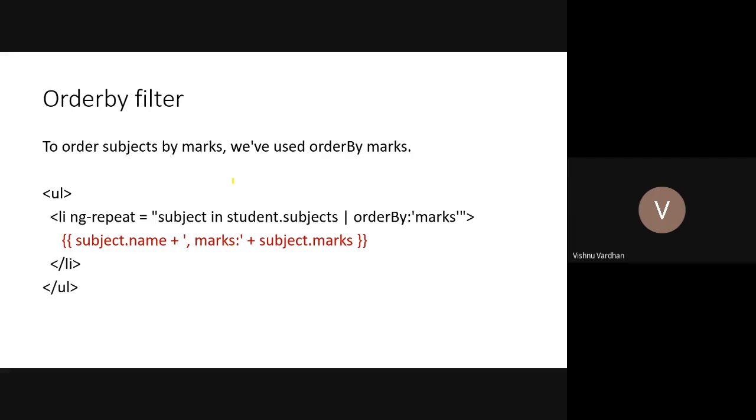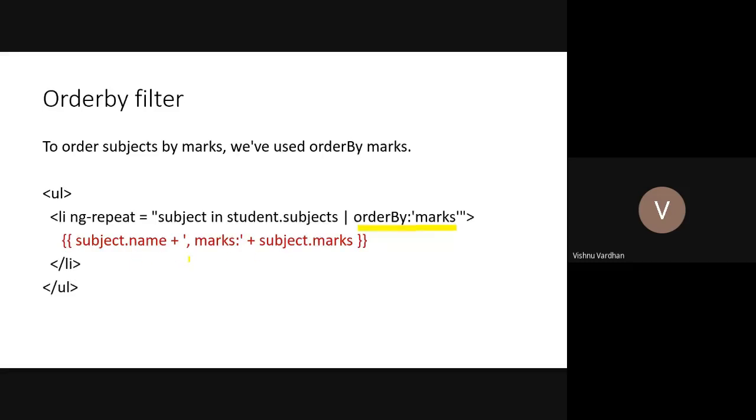Then the order by filter. Order by has the same kind of structure we have seen in the SQL commands: select star from table, order by some column name. Similarly, you need to provide the field name here, and suppose in this case the marks are going to be the actual filter for this order by clause.